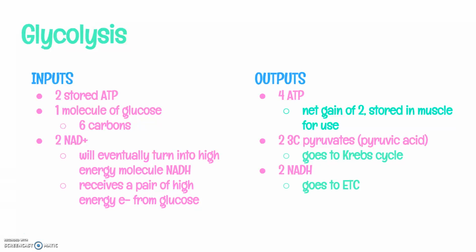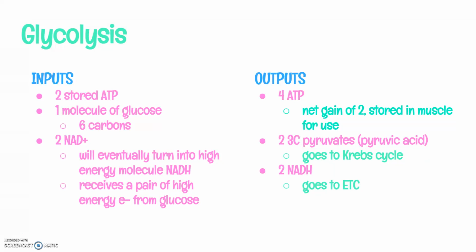Other outputs would be 4 ATP, technically a net gain of 2, and 2 3-carbon pyruvates from the breakdown of glucose. Every time glucose breaks down, it goes to 3-carbon pyruvates. Those will go to the Krebs cycle later, and the NADH are going to go to the electron transport chain.